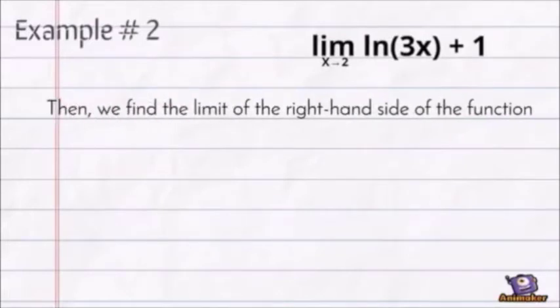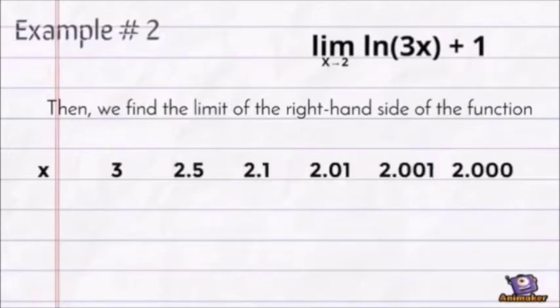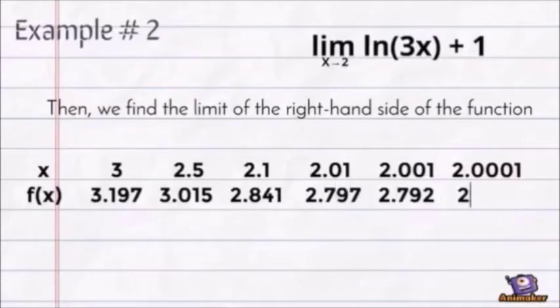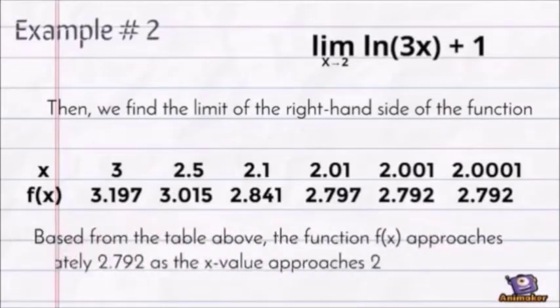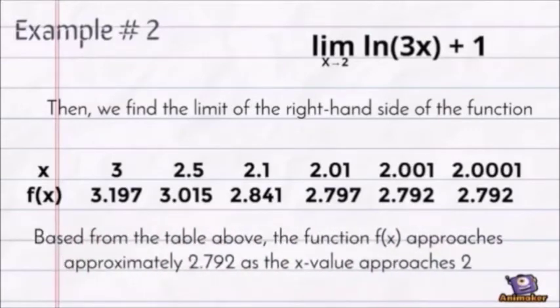Then, we find the limit of the right-hand side of the function. Based from the table, the function f of x approaches approximately 2.792 as the x value approaches 2.